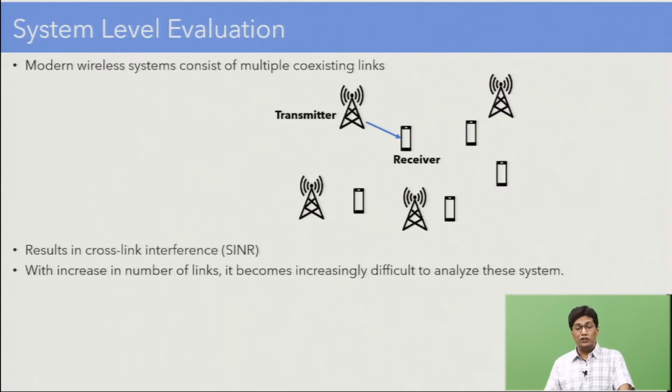For example, if you assume these links to be randomly located according to some Poisson point process or some other point process, then something can be done. But for a general layout, where the locations can be deterministic, the analysis is really difficult because of many random factors playing a role here.